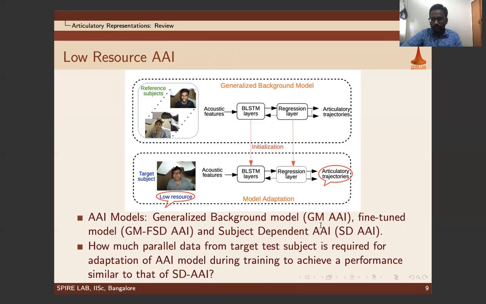This model captures the rich acoustic articulatory mappings from the multiple speakers. Then for a target subject with a low resource data, we fine-tune the weights of generic background model. And the primary investigation of this work is to know how much adaptation data is required from the target subject to achieve the performance similar to that of speaker-dependent AAI model.